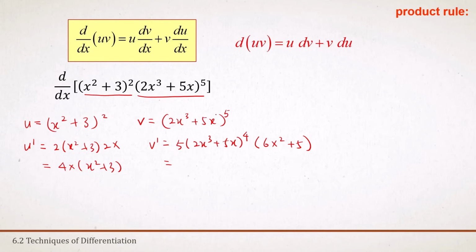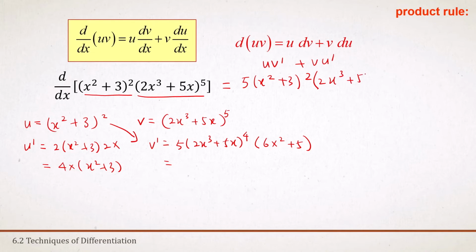Okay, now we plug it into the formula, which is uv prime plus vu prime. So what is my uv prime? It is this multiplied here. So I have a 5, and then I have x squared plus 3 power of 2, and then 2x cubed plus 5x power of 4, and 6x squared plus 5.